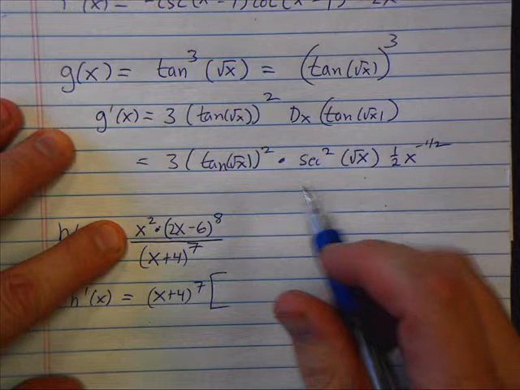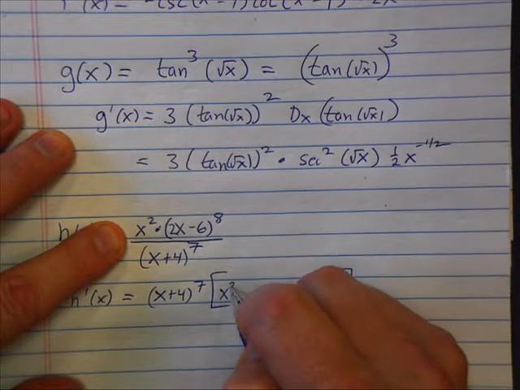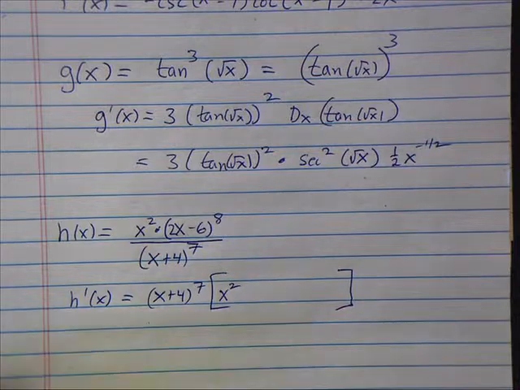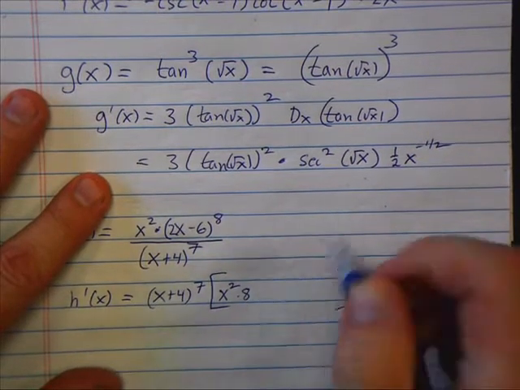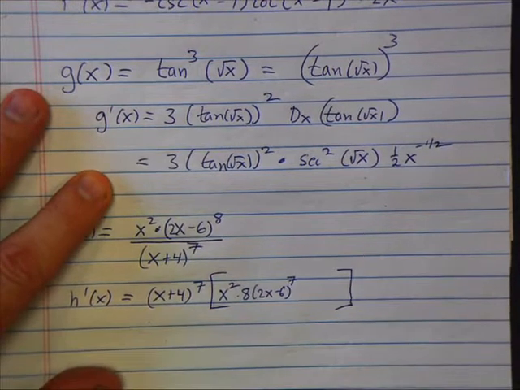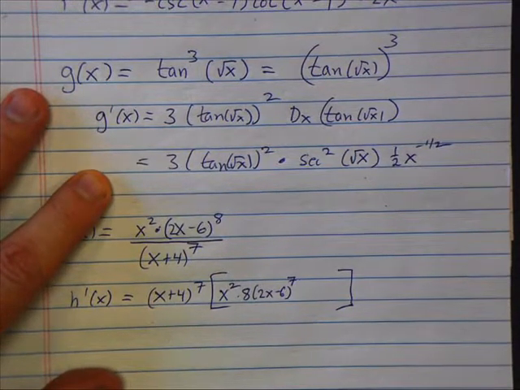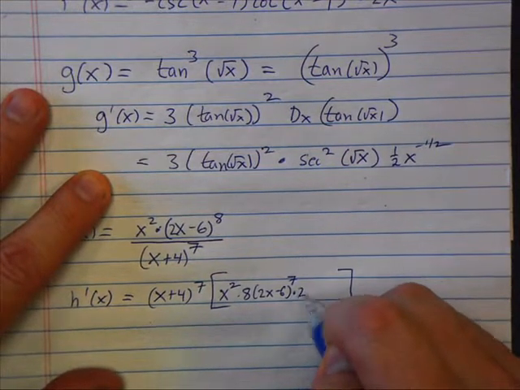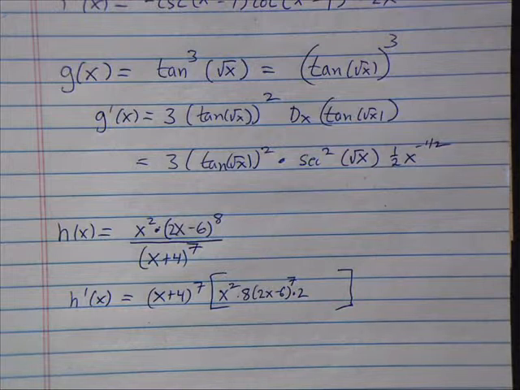Leave the first one alone, that's x squared. Second one is a parenthesis with a power. That's the chain rule. I bring the 8 down. 2x minus 6 to the 7. And then I have to multiply that by 2, which is the derivative of the inside.